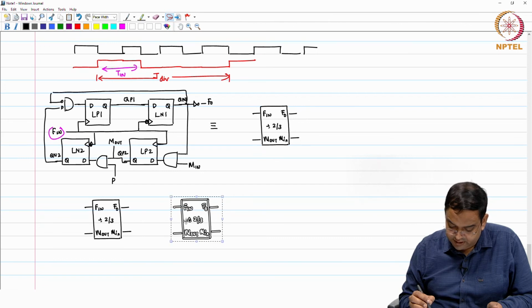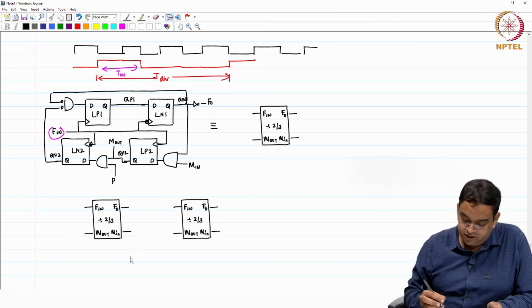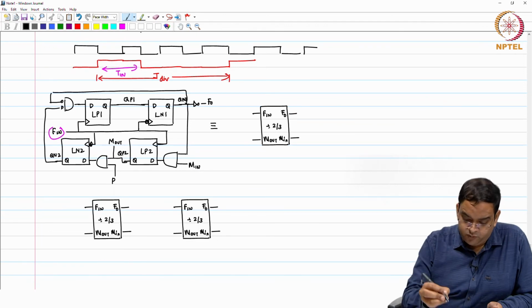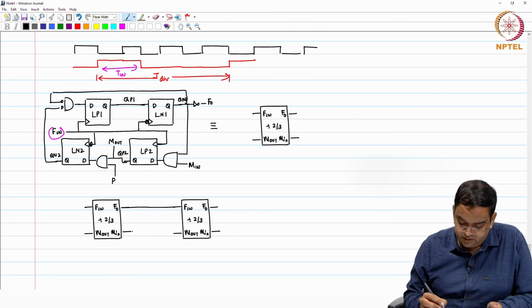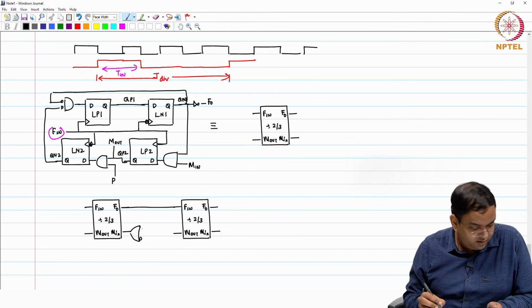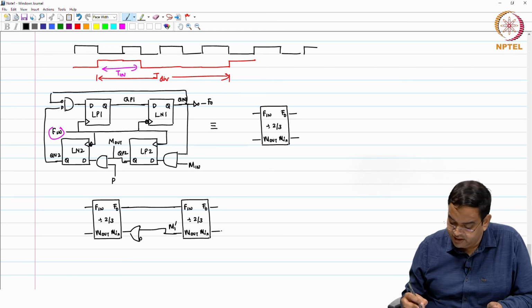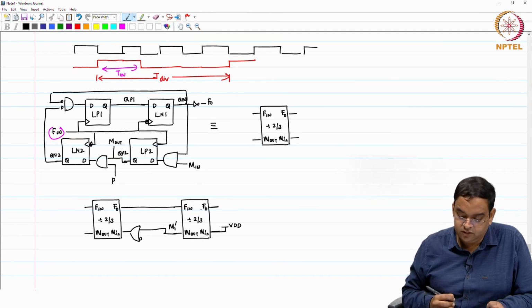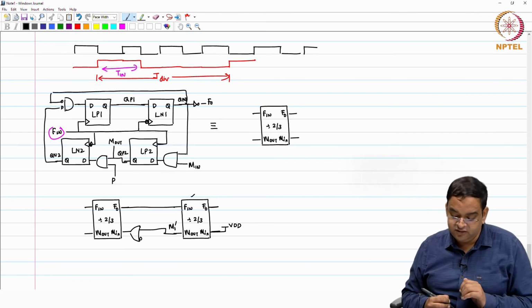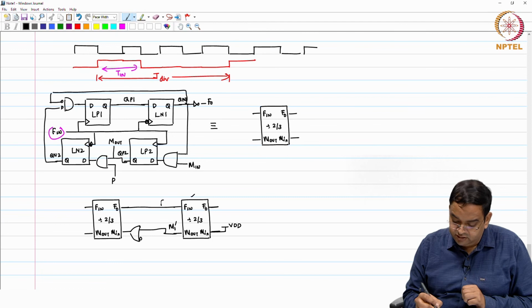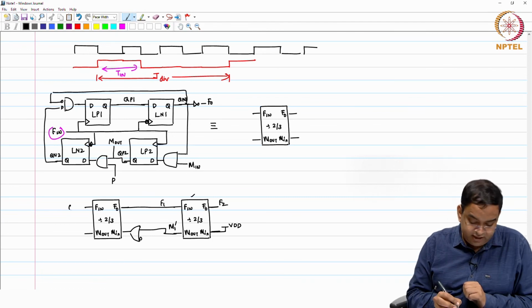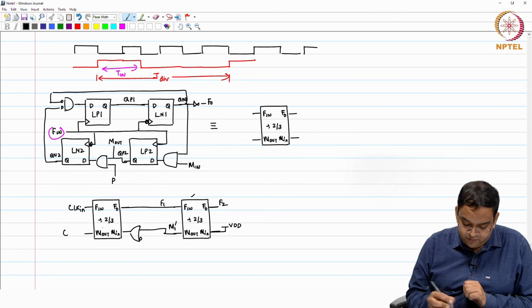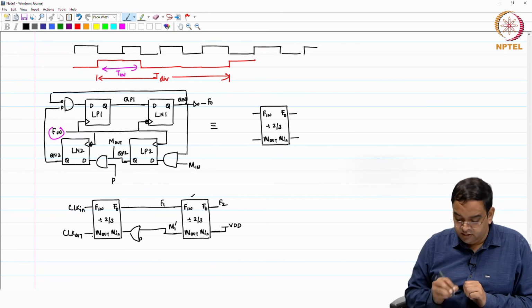So, I am going to cascade these two blocks, this is just an example, and the output from here goes to this, and this is something you get with the NOR gate. Okay. Your M out from first goes here, I call this M1 dash, this Mn is always connected to VDD. Okay. So, that means whatever you want divided by 2 by 3 in this circuit, you can get it, this is F1, F2, you can get finally divided clock at the same flip flop where you are feeding the inputs.